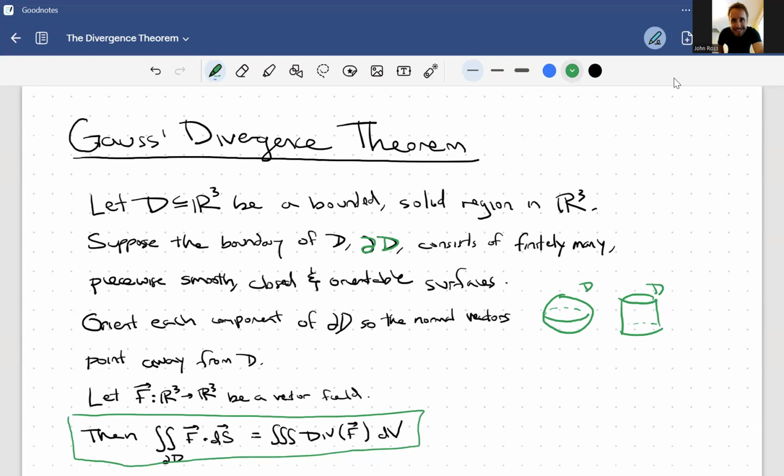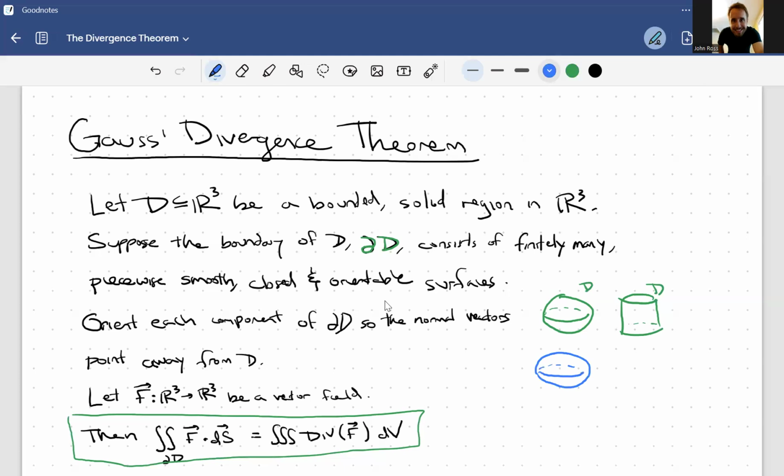So the boundary of D, and it's going to be sort of hard to draw, but the boundary of D for our sphere is just going to be the outer part of the sphere, which is just the full sphere again.